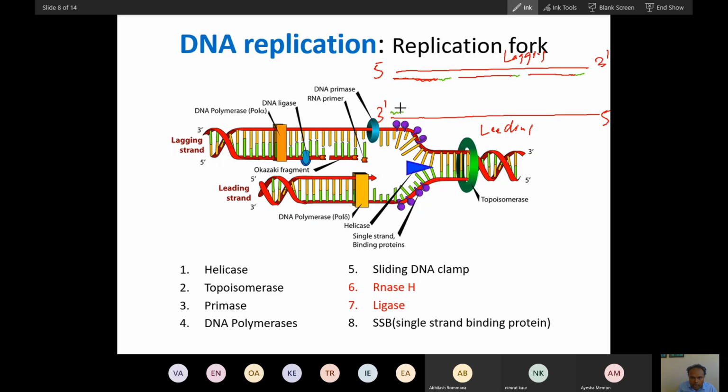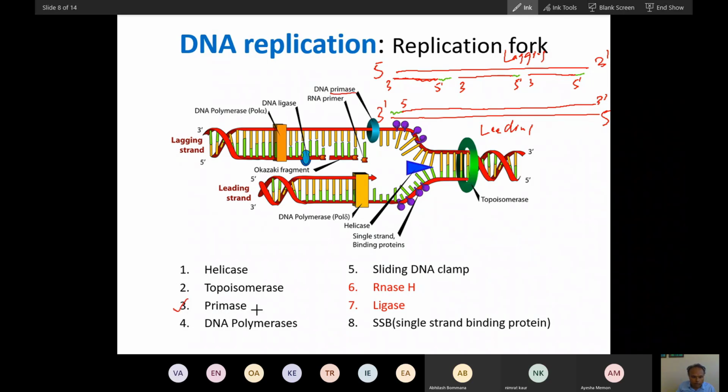But on this leading strand, this is 5' to 3'. From 5', continuous DNA synthesis will happen to 3'. This DNA synthesis starts with primer synthesis, and the primer synthesis is done by the enzyme primase.